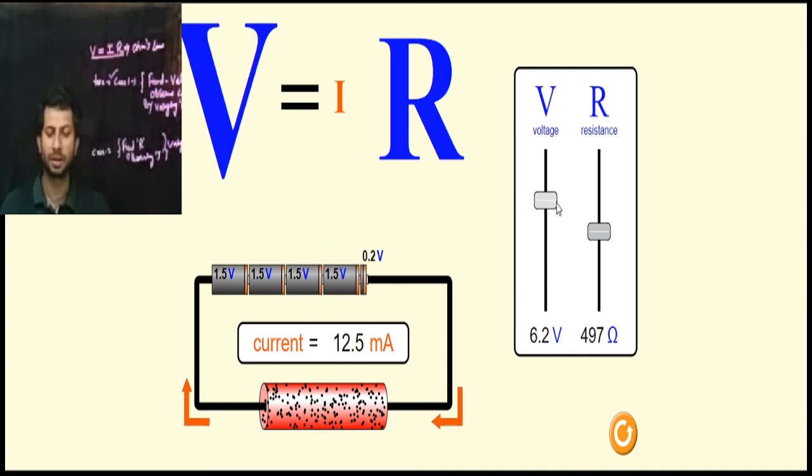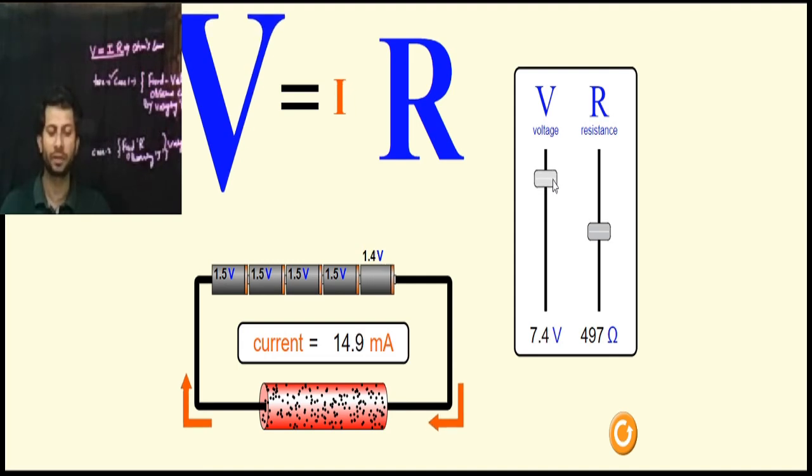The size also increases. That means we are increasing the voltage from 0.1 volt to 4 volt, 4 to 5, 5 to 6, 6 to 7, and now again 7 to 7.5, 7.8, 8 volt, and we observe that the current is also increasing, 16.1 milliampere right now, and the size of I also increases.